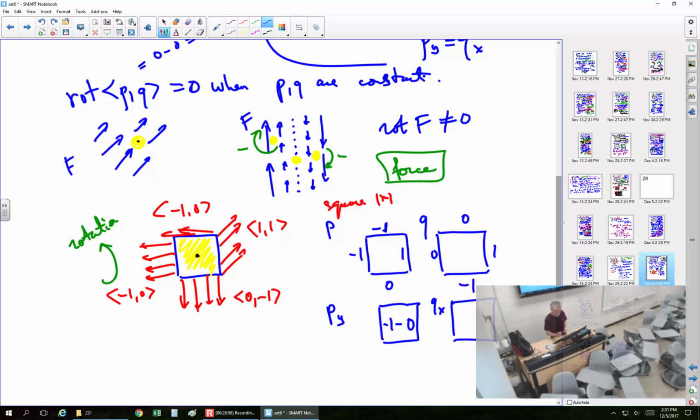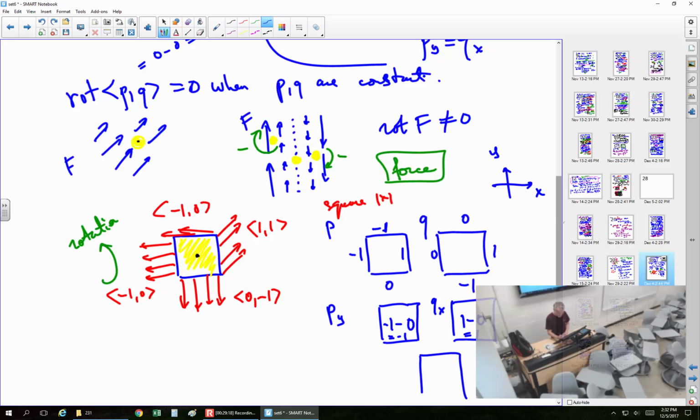Zero minus 1. 1 minus 0. Because our x's are these, so always moving in the direction of y. It's almost literally the partial derivative, so we subtract the last value minus the previous value. So this one is equal to negative 1, and this is equal to 1.